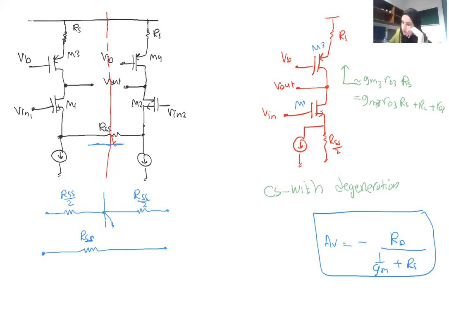So the trick is to know that the impedance up here, our RD is like this, and our RS here is just this RS. Is this clear to everybody?